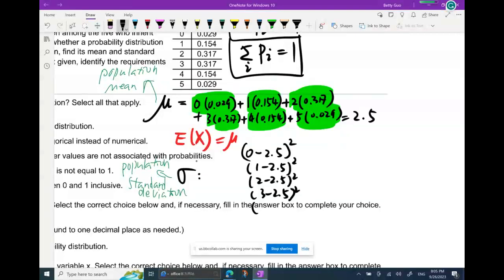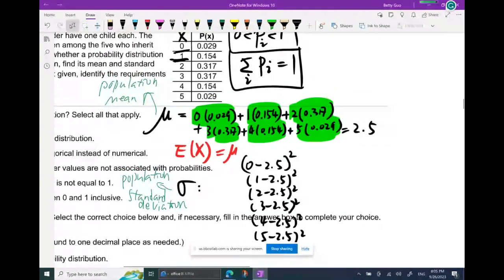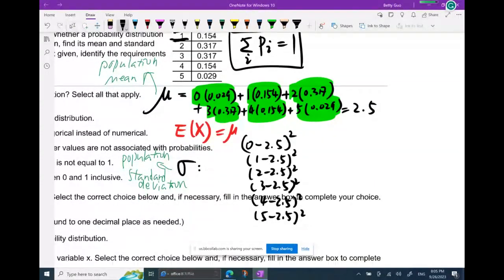Luckily, we only have 6 values. x only assumes 6 values: 0, 1, 2, 3, 4, 5. Use each value minus mu, square it, and add them up. Then we take the square root, and that would be the sigma.